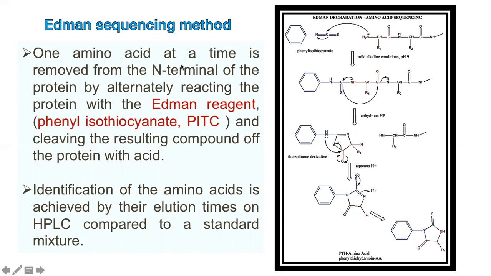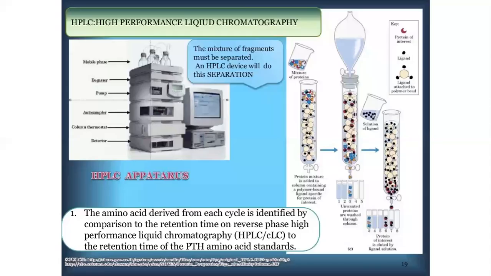So after the isothiocyanate and amino acid complex has been detached from the polypeptide chain, identification of amino acids can be achieved by eluting them on HPLC and comparing with a standard mixture to check the retention time in the HPLC. So this is the HPLC system which we could use for performing this separation and identification of the amino acids that are part of the polypeptide that we are trying to sequence.